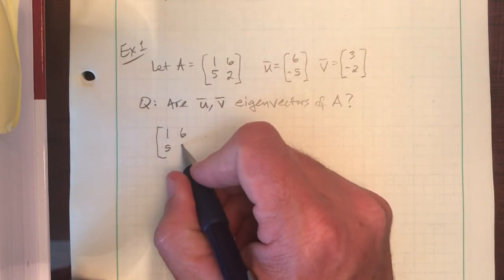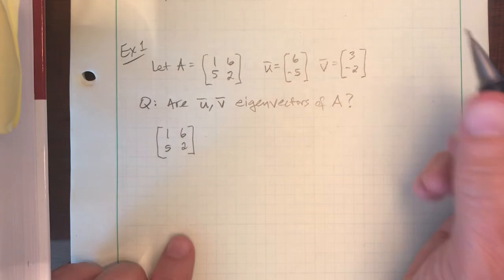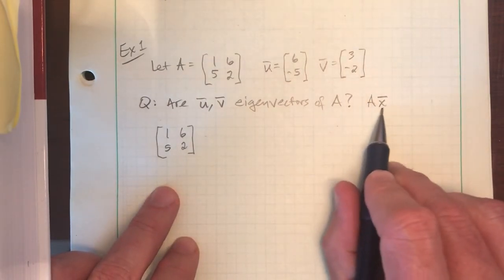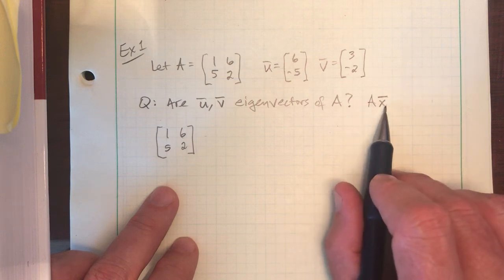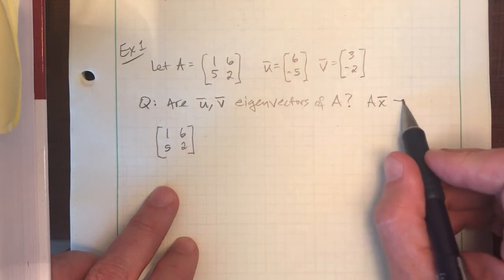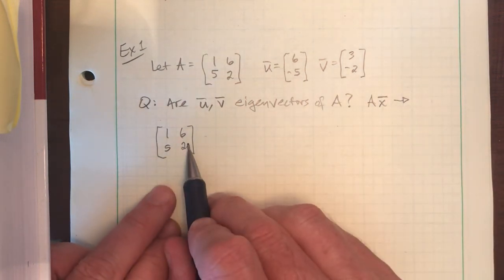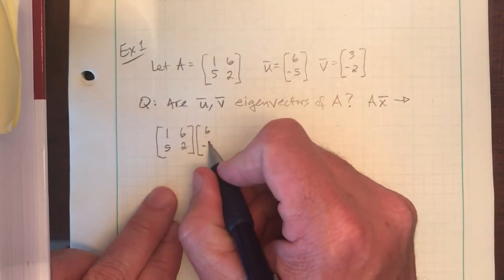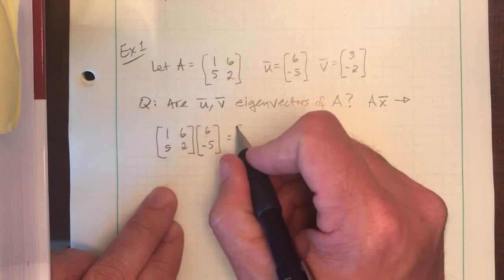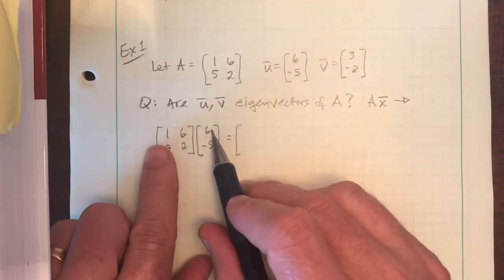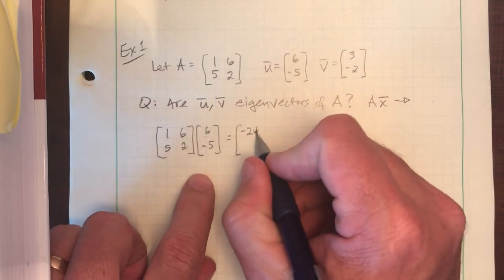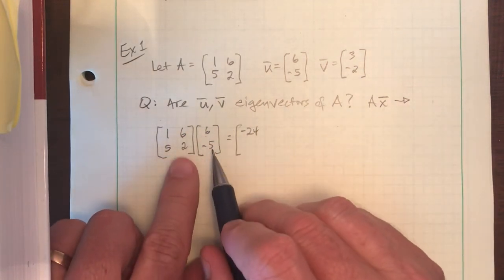These are pretty straightforward. We're just going to take matrix A and multiply it by each of those vectors and see what happens. So matrix A times vector u gives us 6, negative 30, 30, negative 10.